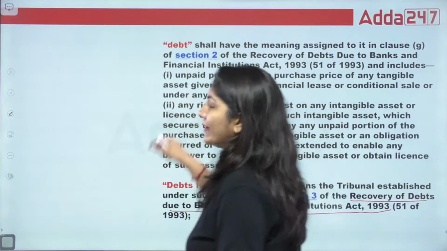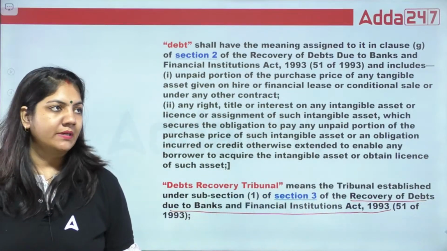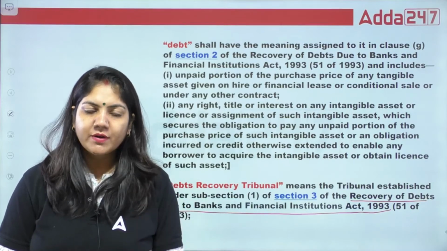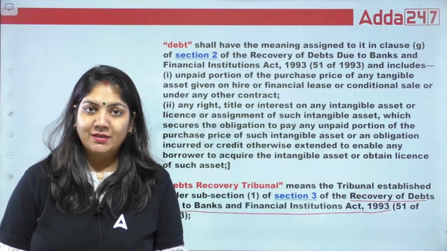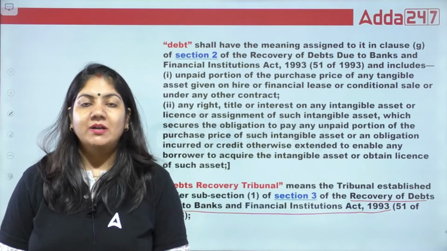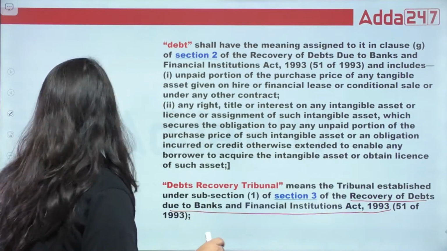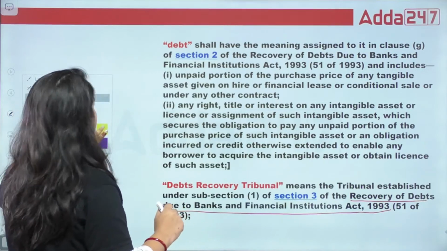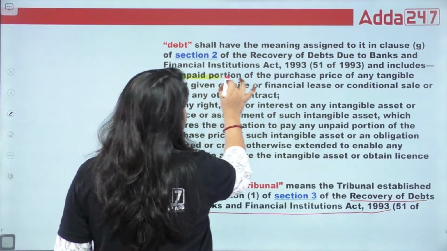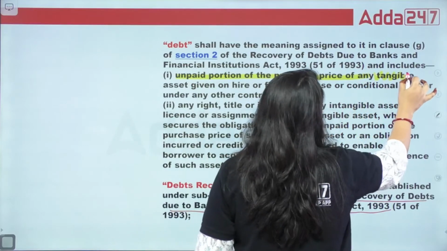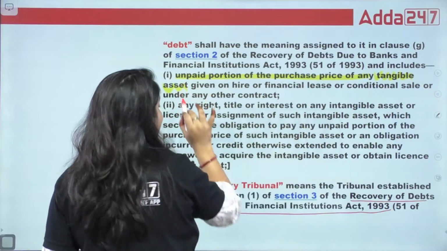Now, what is debt? Suppose a borrower takes 20 lakh rupees, and if the borrower is not able to pay the money, we can say that the borrower becomes a debtor. Right? So what is debt? Debt means the unpaid portion of the purchase price of any tangible asset. What is a tangible asset?